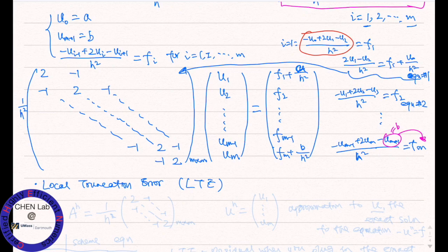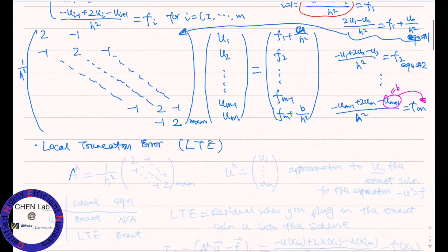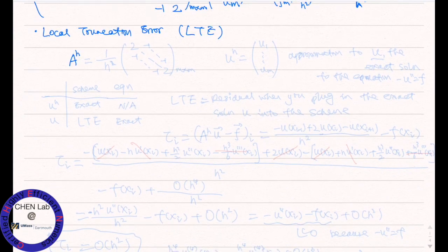So we're going to denote this matrix that we just assembled by A sup h. h means the little h, so it means it's a discretization of a continuous operator. 1 over h squared, all right, that matrix, 2's on the main diagonal, negative 1's on the sub-diagonals, for a total of an m by m matrix. Okay, and we're going to denote the solution vector u sup h.